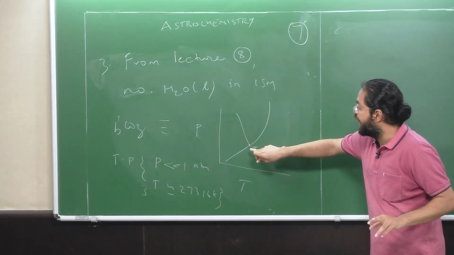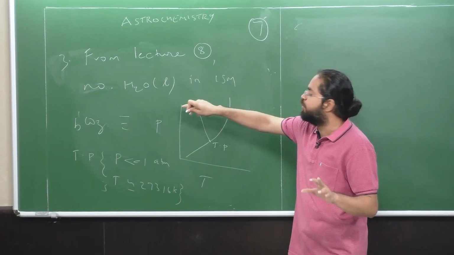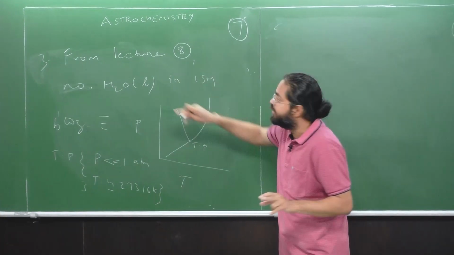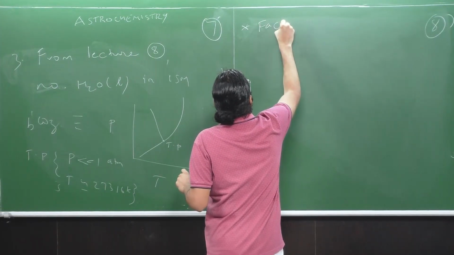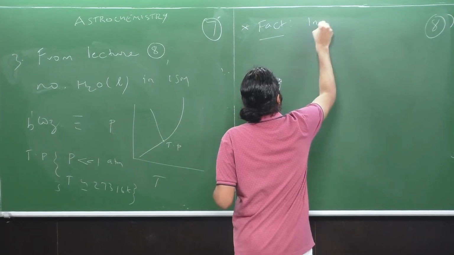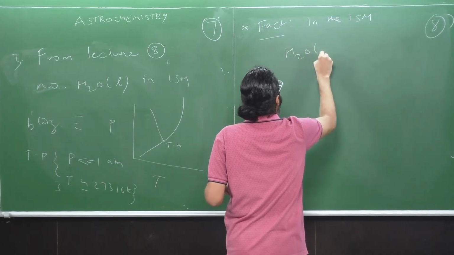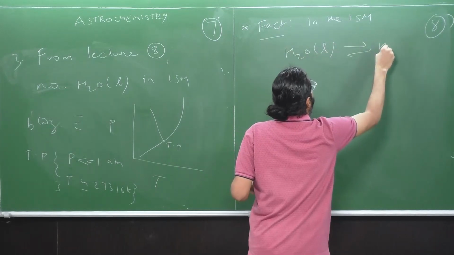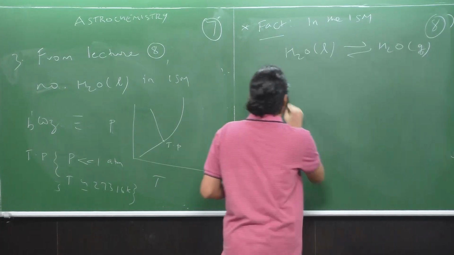It not just tells you that liquid water alone does not exist in the ISM. A fact based on this data is that in the ISM, this specific equilibrium is not possible.